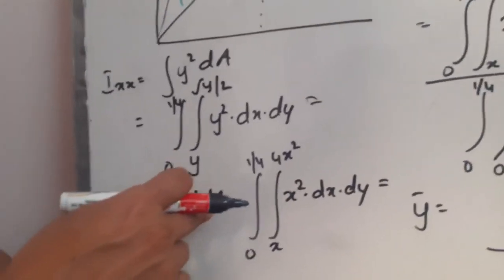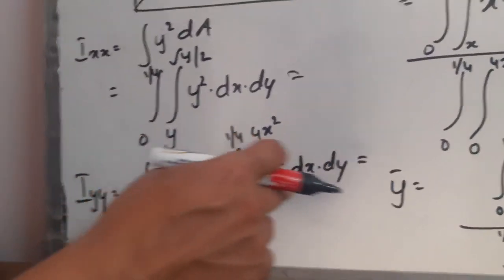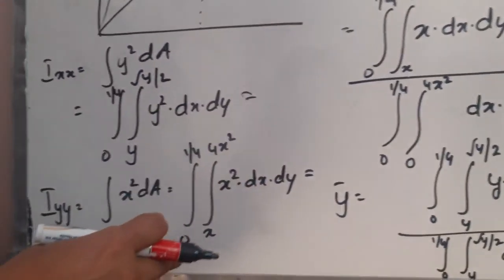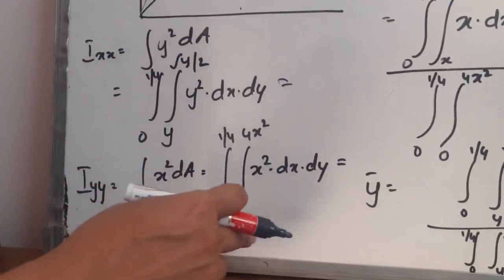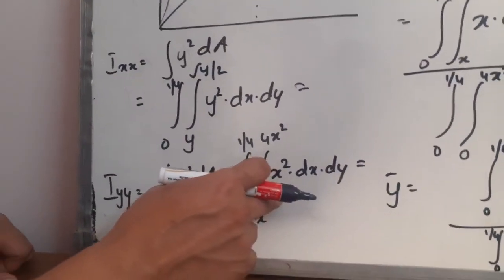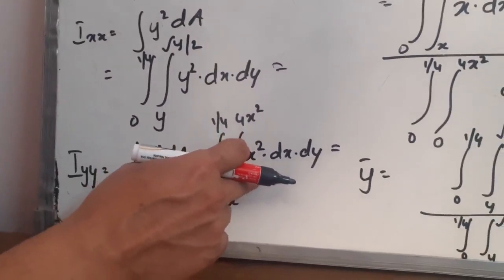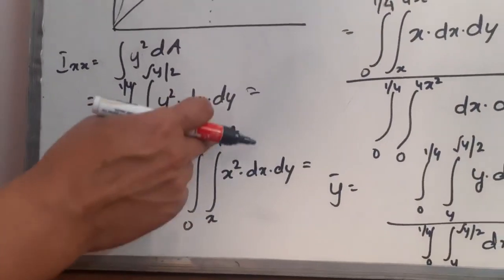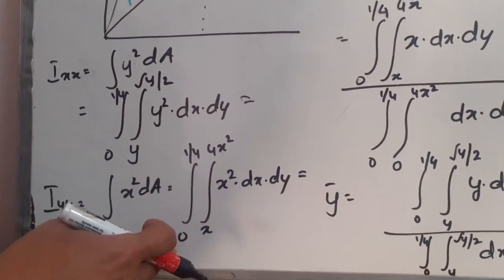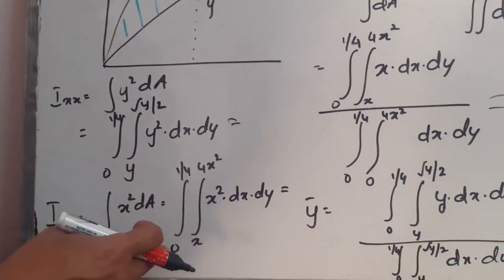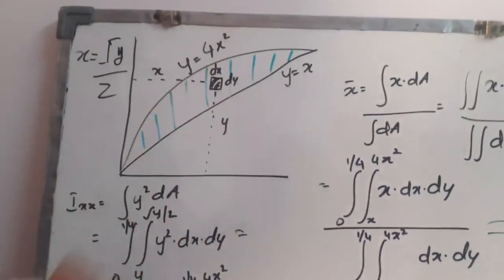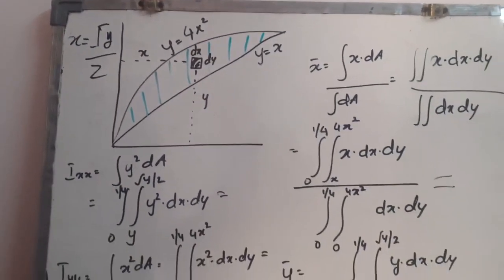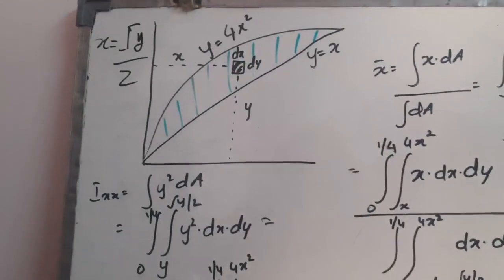Similarly, Iyy is integral x square dA. Now dA gets replaced by dx into dy, and y has to be integrated first, so the limit of y is x to 4x square. Similarly, the limit for x is 0 to 1 by 4, which we found by the intersection of this parabola with the straight line.